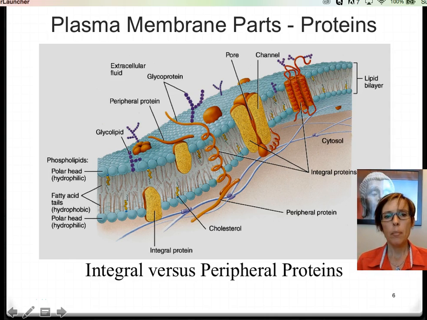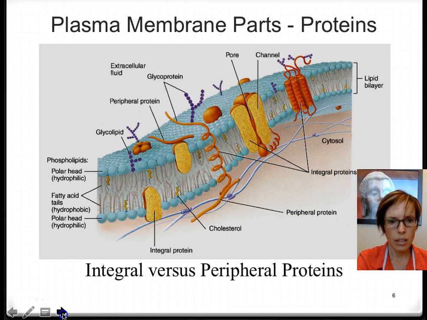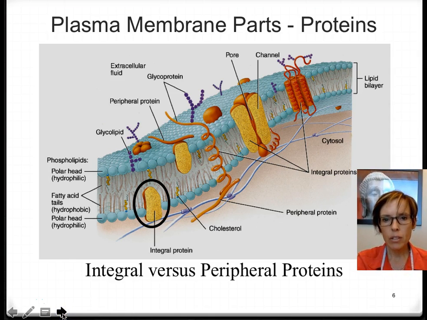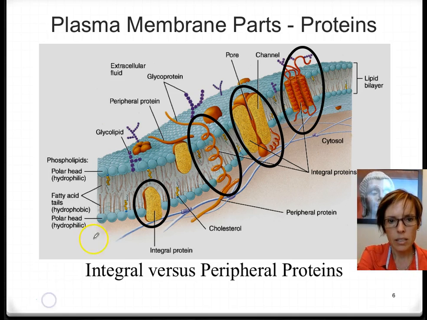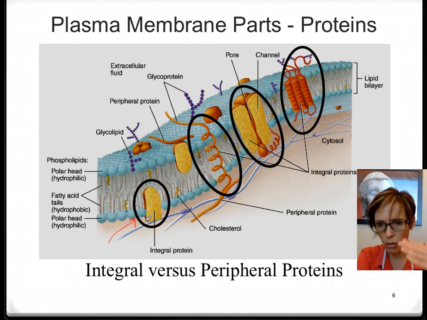You have integral versus peripheral proteins. Here we have what are known as integral proteins, any of these circled in black. Some of these go into the cell membrane part of the way, not all the way through.